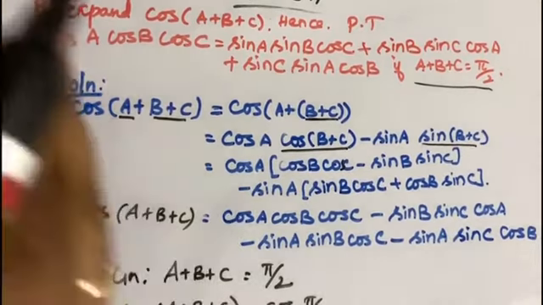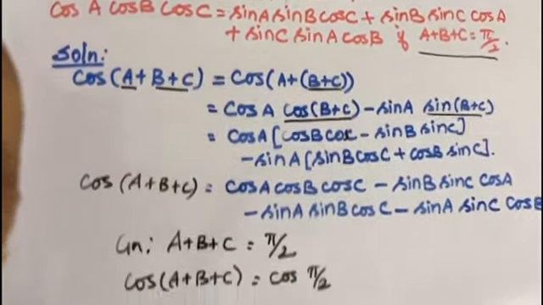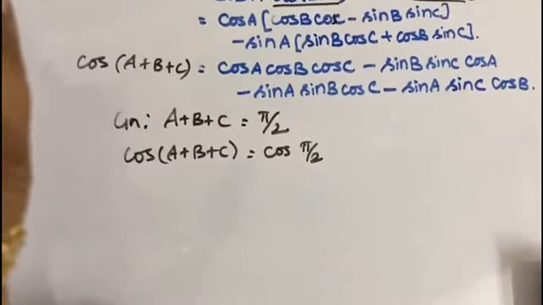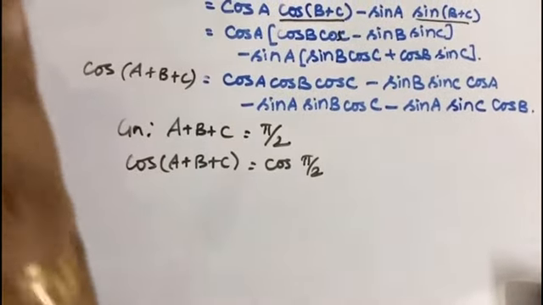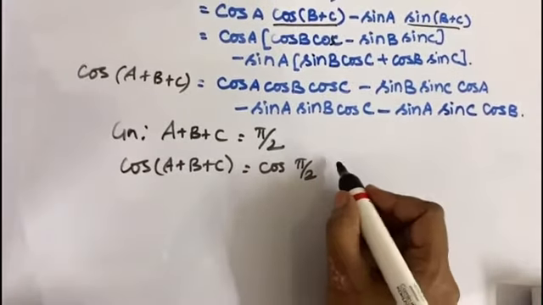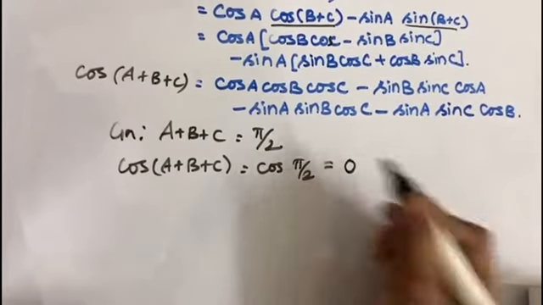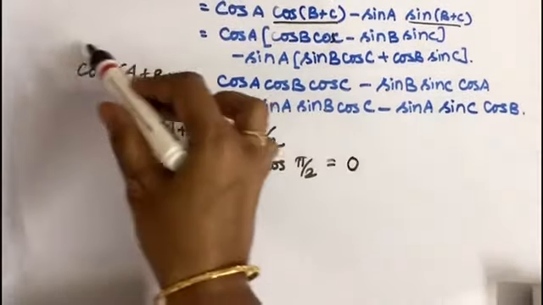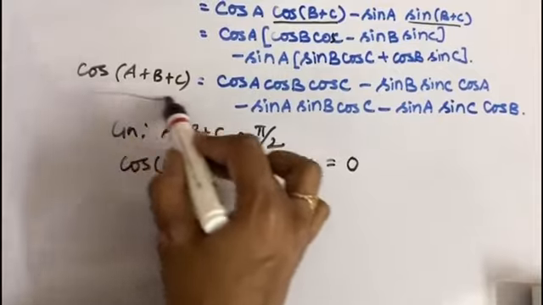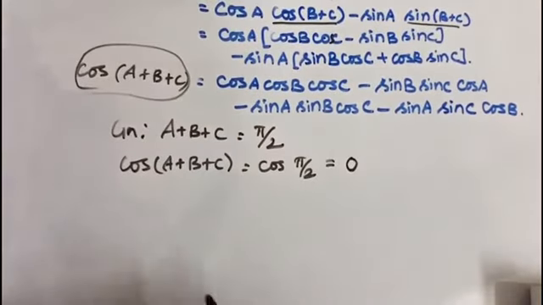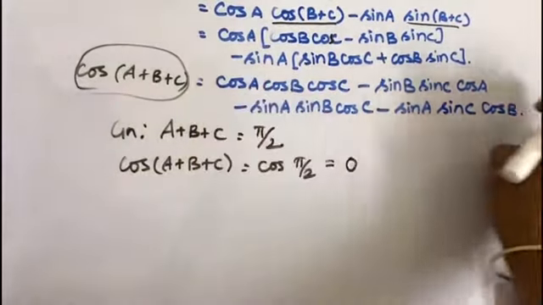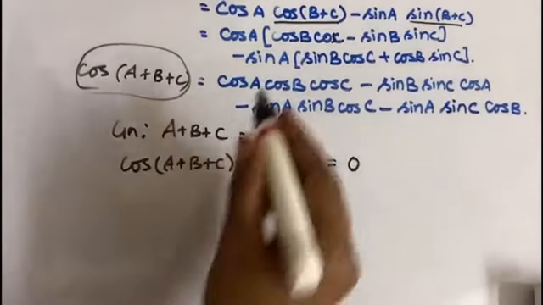I take cosine on both sides. What is the value of cos pi by 2? Cos 90 degree is equal to 0. So the whole expression is equal to 0.